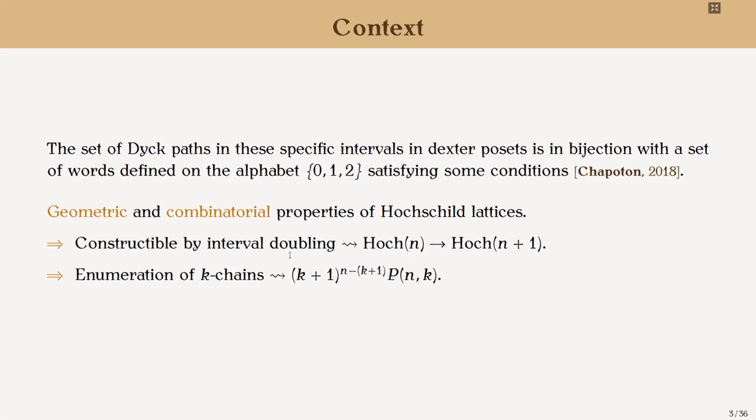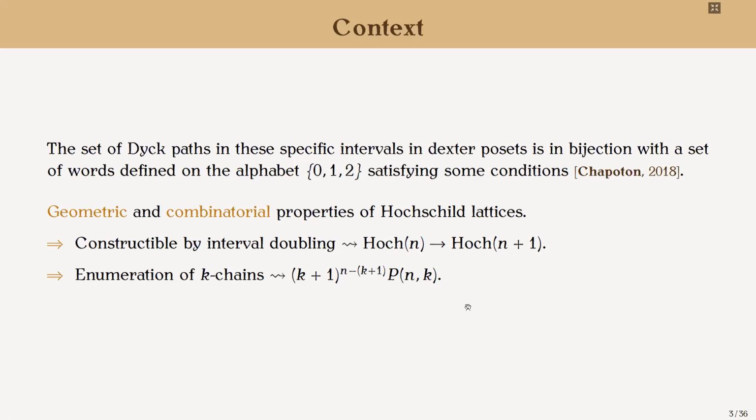So we will see that we obtain this kind of formula where P is a polynomial to define. So it's almost a closed formula, but not exactly. But it's already strange to have this kind of formula for k-chains.